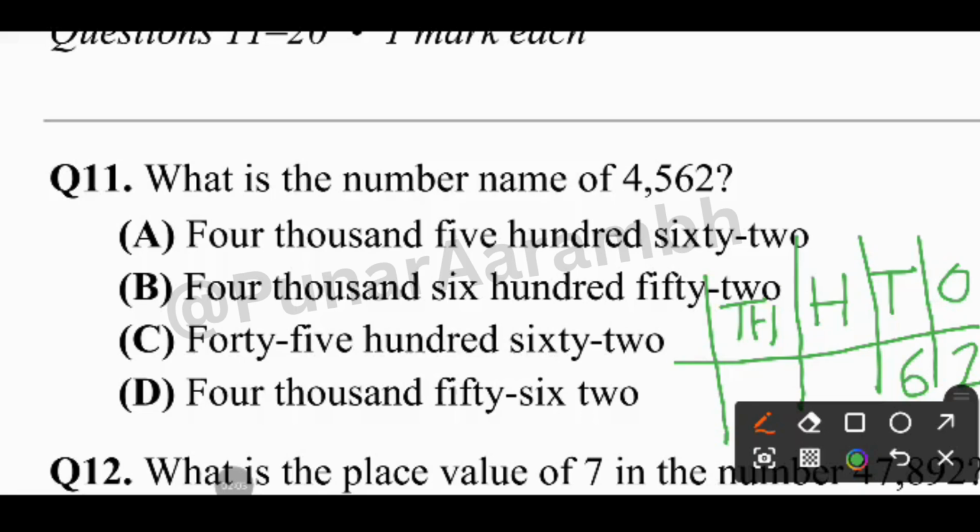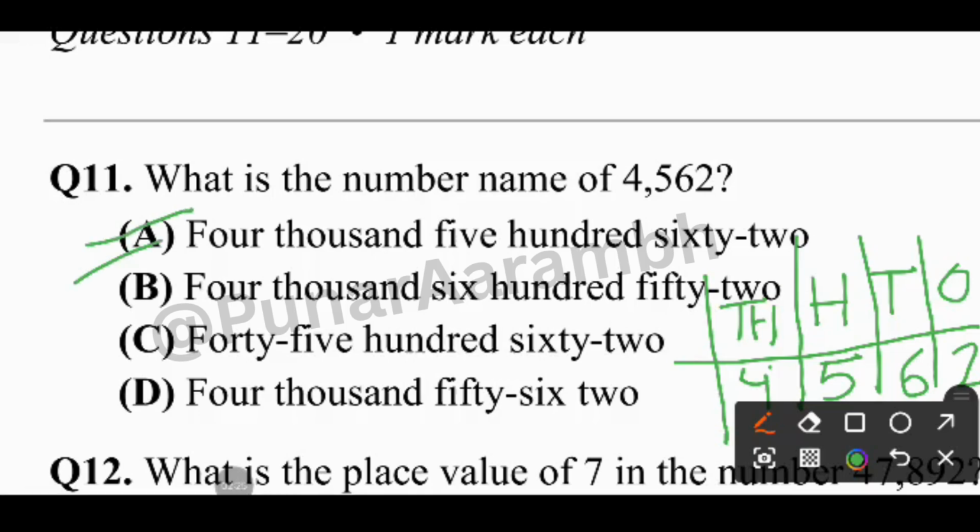In tens place we have number 6. In hundred place we have number 5, and in thousand we have number 4. We have got our digits, so how will we read it? We will read it as 4562. So option number A is correct.